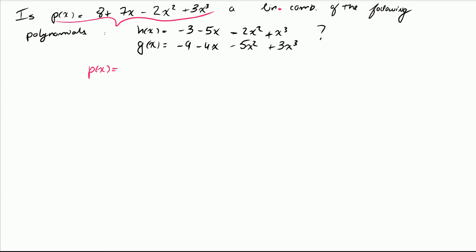can I write p of x as a scalar c1 times h of x plus a scalar c2 times g of x? Now so far we've dealt with vectors as linear combinations of themselves and matrices as linear combinations of themselves. It's pretty similar for polynomials.